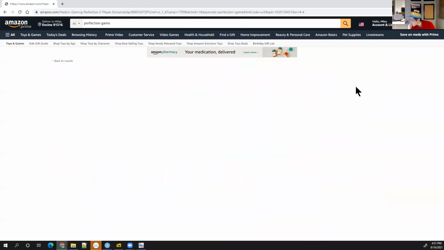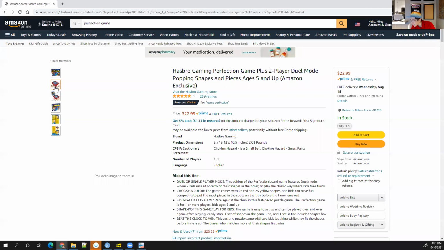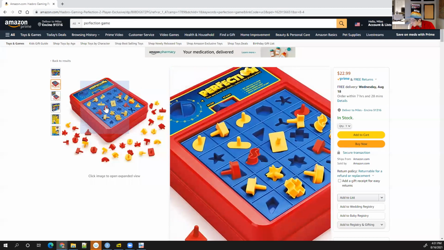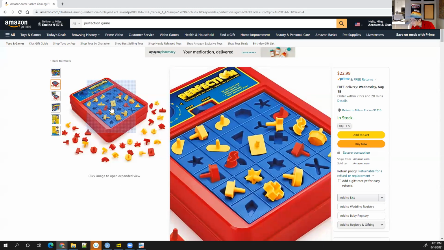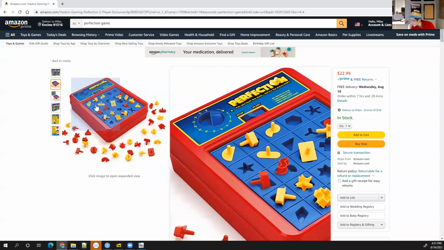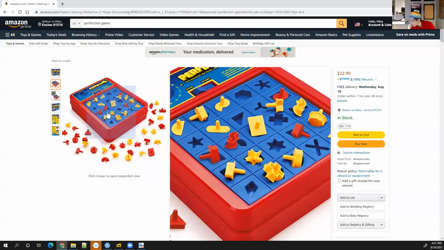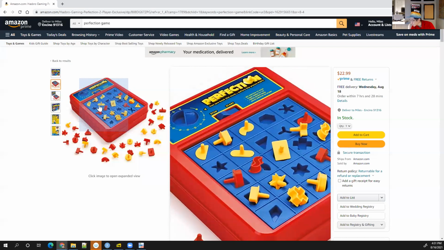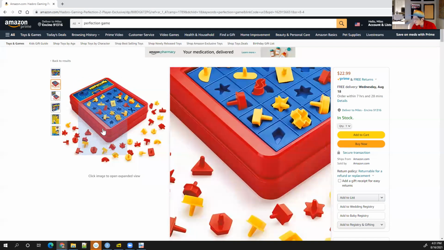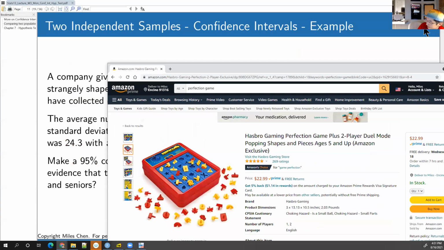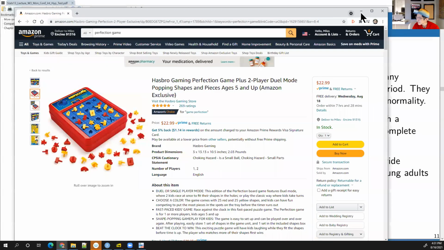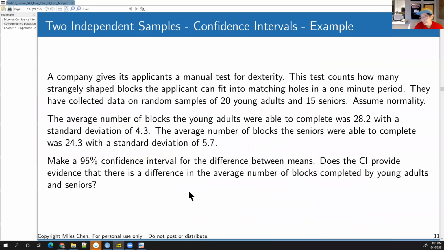Is this it? Yeah, okay, here it is. You put the pieces in, you get 60 seconds. This one has 25 shapes to fit in, and you get 60 seconds to do it. You think, oh, that's kid's play, but maybe you can do it, maybe you can't. Well, anyway, I'm just making up stuff here.